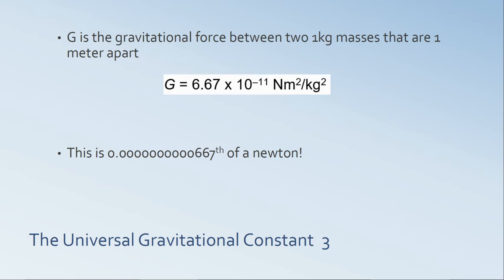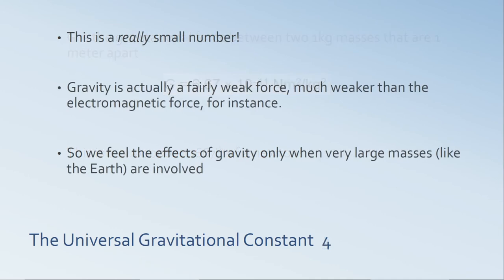So would you think that's a really large force or a really small force? Well, we've got a lot of zeros behind our decimal there, so that's a really, really small number. And this is what tells us that gravity is a very weak force, much, much weaker than electromagnetic force, for instance. And we only feel the effects of gravity when very large masses like the Earth are involved.